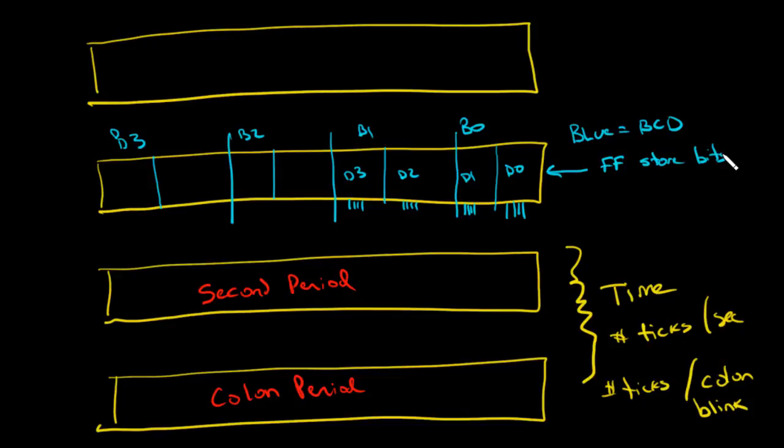I could also reuse these and use this to store my seconds and my minutes and my hours for the time. And it just depends on whether I want to do time or if I want to treat it as BCD, or even if I want to treat it as that bitmap mode that we saw earlier.